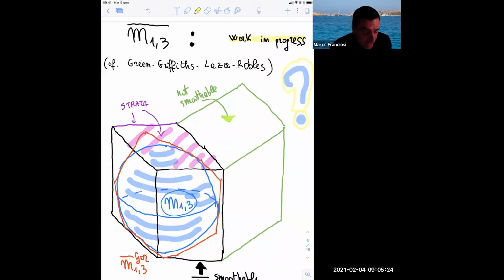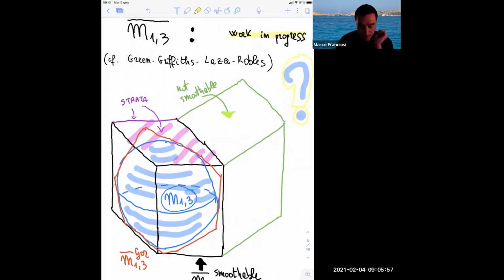It is worth mentioning the work of Green, Griffiths, Laza, Robles, and their approach using Hodge theory. They showed a useful way to understand this picture globally. And our approach is different. As Zonke said yesterday, our approach is to study this moduli space pointwise. So we will treat each point of this picture.